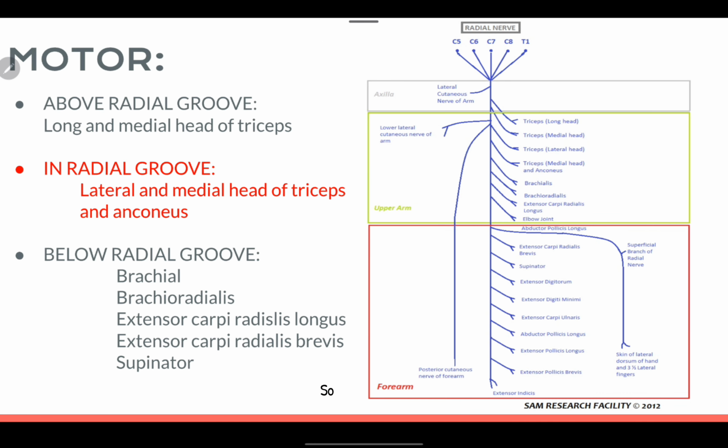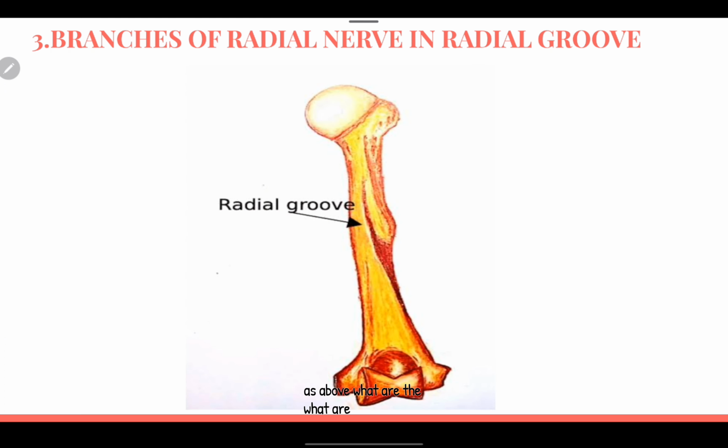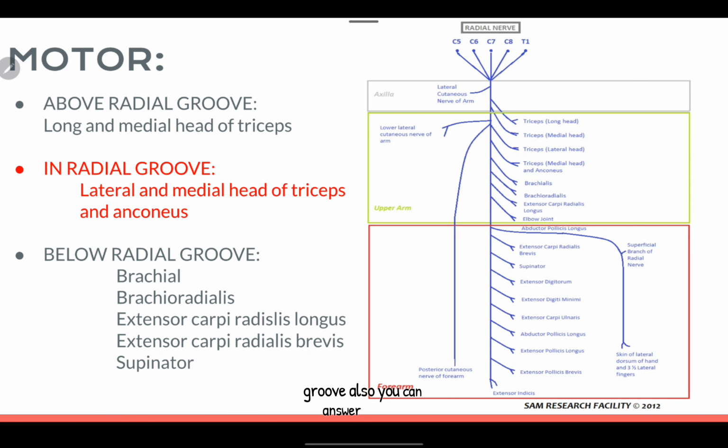It has motor branches and sensory branches. First, the motor branches. In the radial groove is the only question, but I have also mentioned above the radial groove and below the radial groove, because if they ask what are the branches of the radial nerve, you can answer above the radial groove and below the radial groove also. Above the radial groove, the motor branches are the long head of triceps and the medial head of triceps.